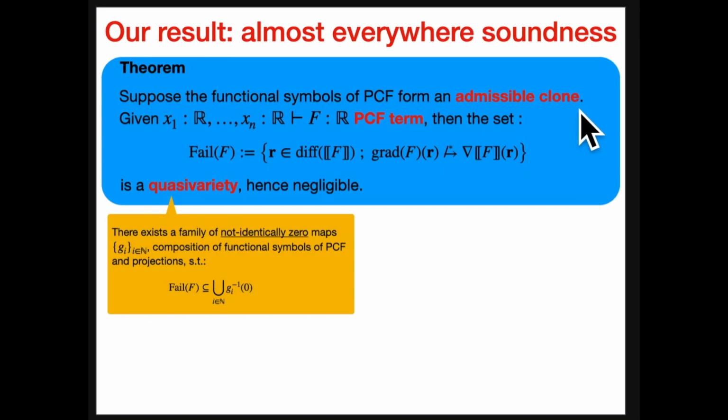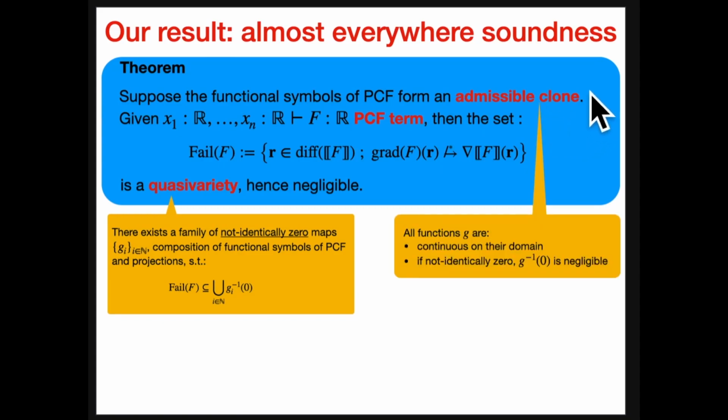So what does it mean, an admissible clone? So a clone is just a set closed by composition and projection. And then a clone is admissible if all functions are continuous on their domain, and if not identically zero, the zero set is negligible. So it is trivial to conclude negligibility from this definition and this hypothesis.